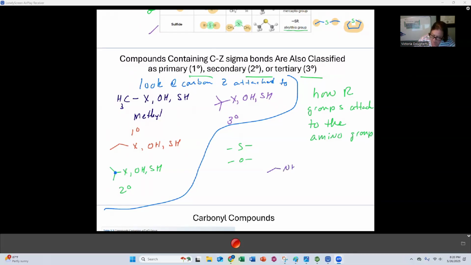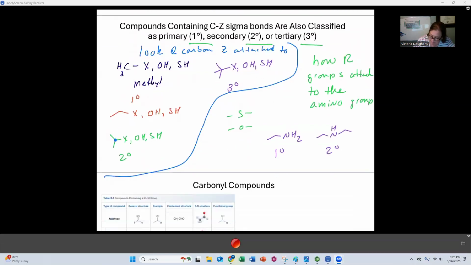So if I'm only attached to one carbon, I'm a primary amine. If I'm attached to two carbons, I'm a secondary amine. And you got it. If I'm attached to three carbons, I'm just going to write it right here, then what do you think I am? That's right, tertiary amine.